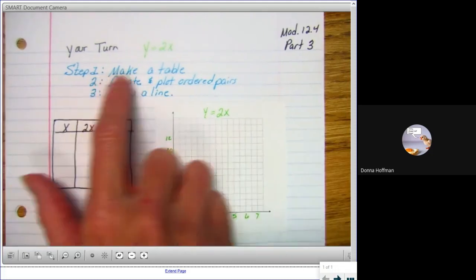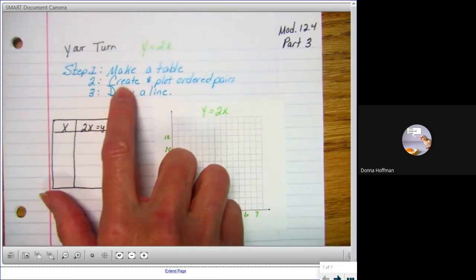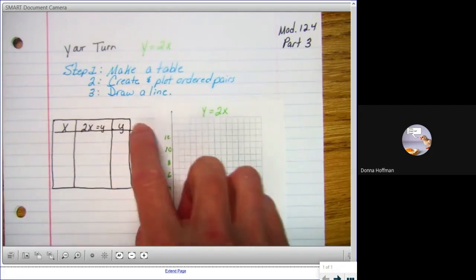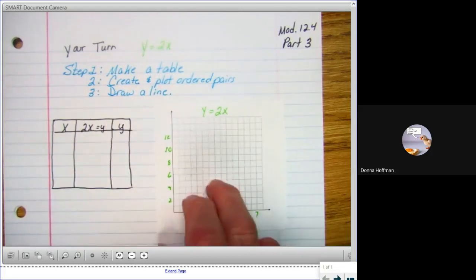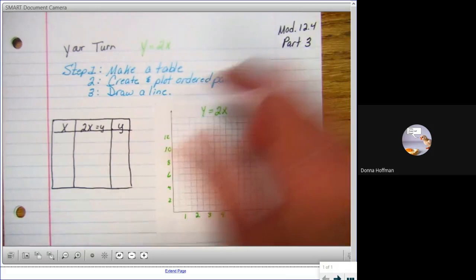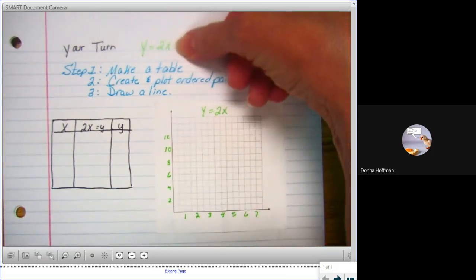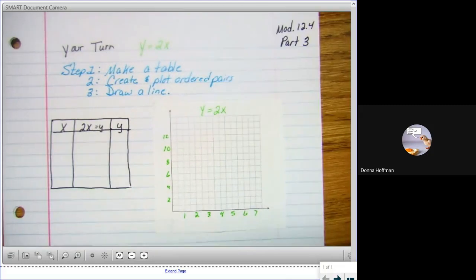Okay. Step 1, make a table. Step 2, create and plot your ordered pairs. You put your ordered pairs right there before you plot them, and then you're going to draw a line with an arrow. Your equation is going to be y equals 2x. Y equals 2x. And once you get that completed, then you show it to me, and I give you 100. That is the end of module 12.4, part 3.